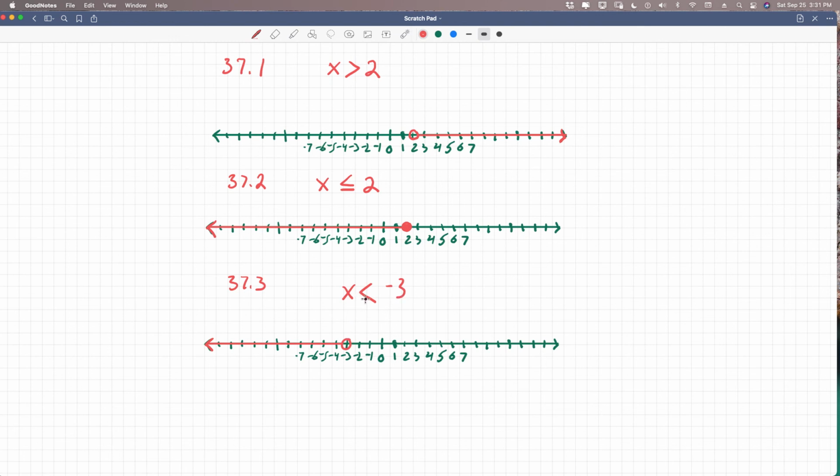And it's just less than because it has an open circle. It doesn't include the -3. It's just the -3, everything less than -3. And again, this sign matches up with this sign when x is on the left. So x is less than -3 is our answer.